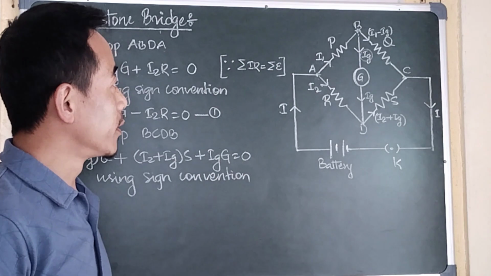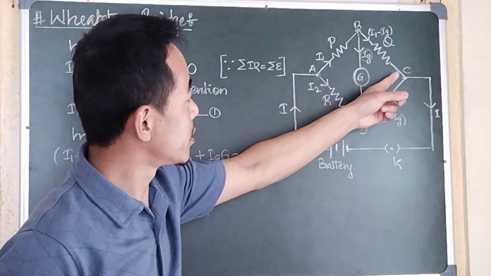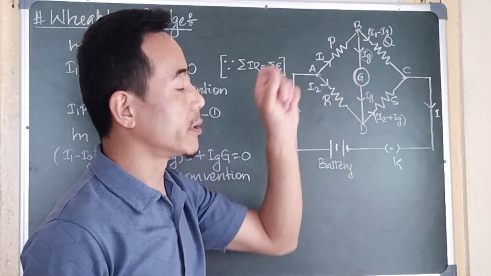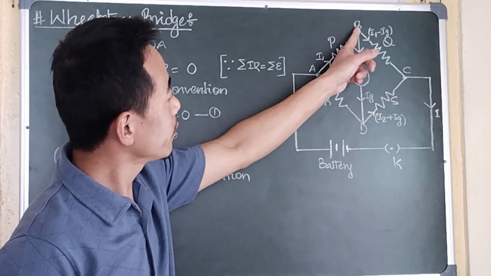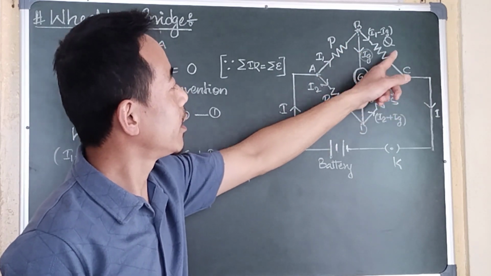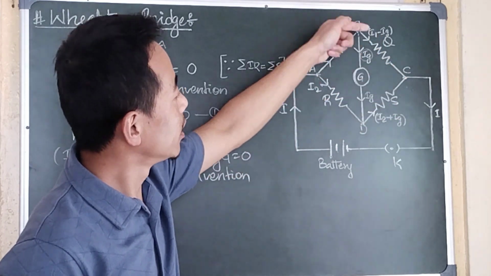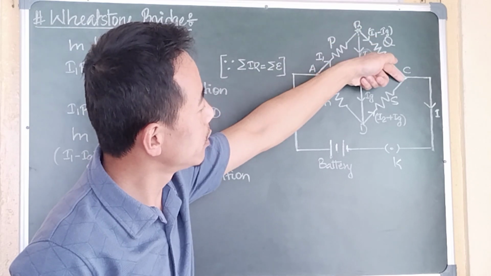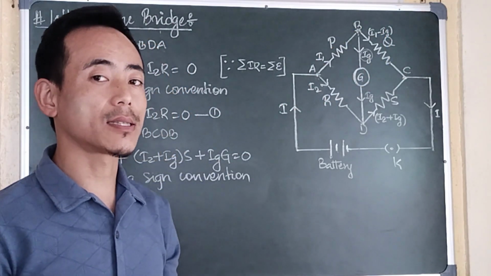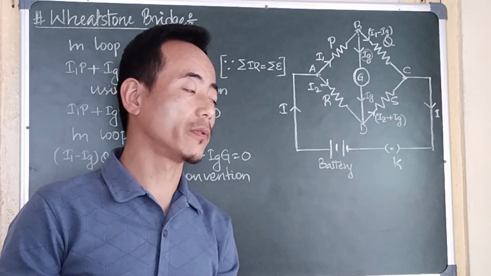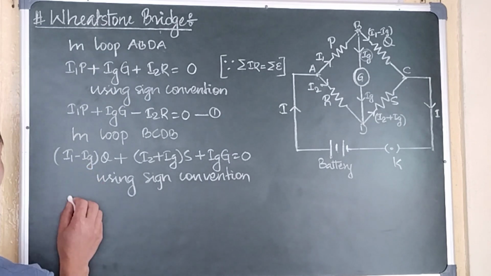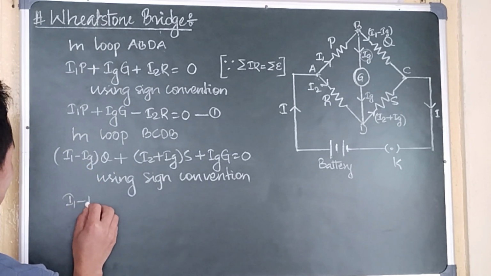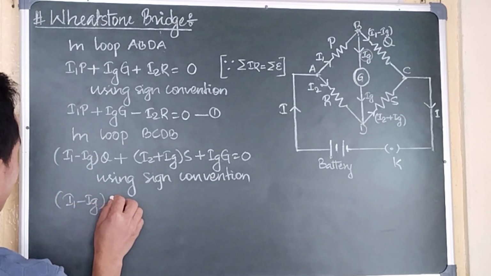Let's look at the first current, in the arm BC. The current is I1 minus IG. We are going from B to C, and this current I1 minus IG is also going from B to C. That means the sign will be positive. So I1 minus IG will remain positive, no need to change anything here.